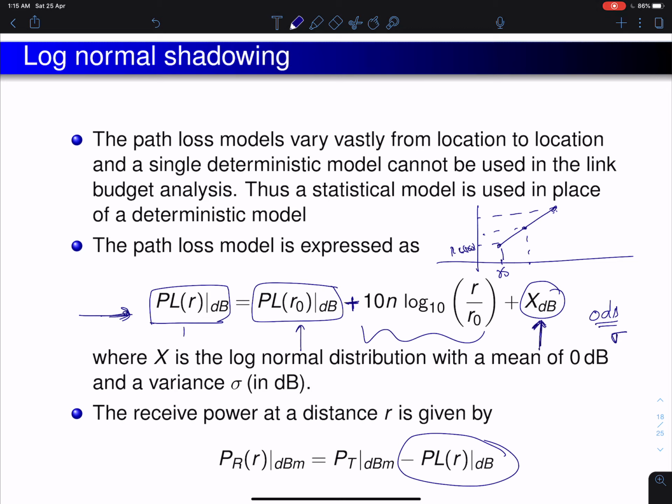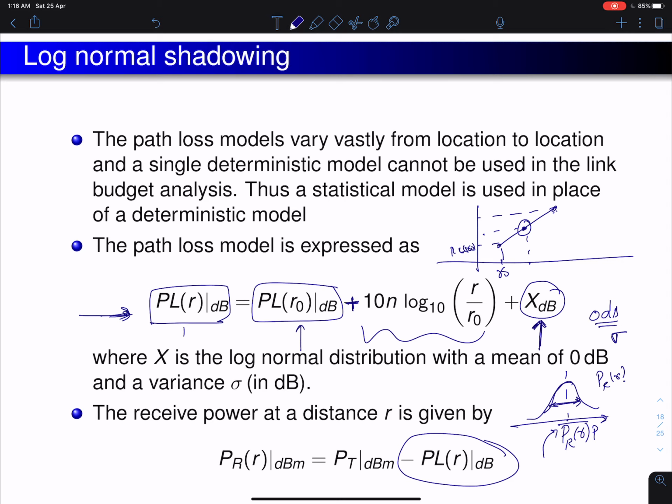At every point, you can plot either the received power or the path loss as a function of distance. For every distance r, you are going to have a Gaussian distribution around a nominal value. P r of r bar is the average or mean value you will receive, but you will have some spread around it. That's what statistics is all about.